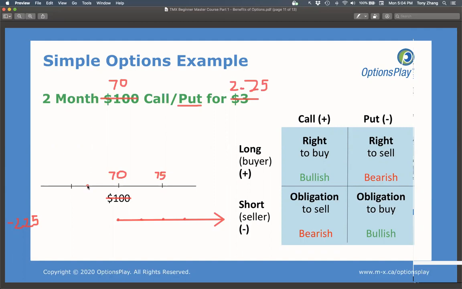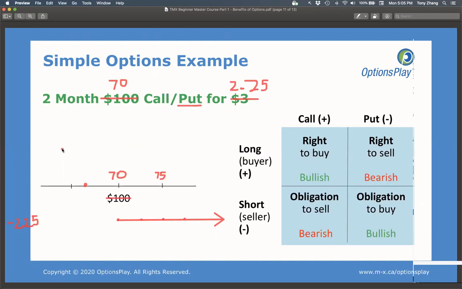But again, because I paid $2.25 up front, my net on that trade is actually zero. But as the stock moves lower and lower, I can continue to sell it to the seller for $70 on a stock that's worth significantly less. So what I can do is actually go on the open market, buy it for $60, and sell it to this guy for $70.